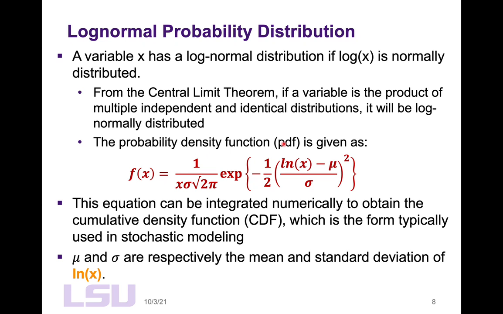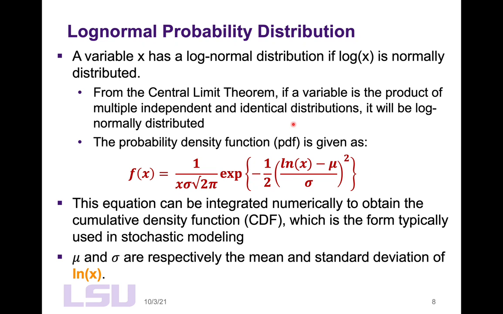The probability density function is given in this form. It's similar to the PDF for the normal distribution, but the important difference is this. So it's the ln of x, the natural logarithm of x, that you put in here. Whereas in the normal distribution, this was x, and then this x wasn't there.